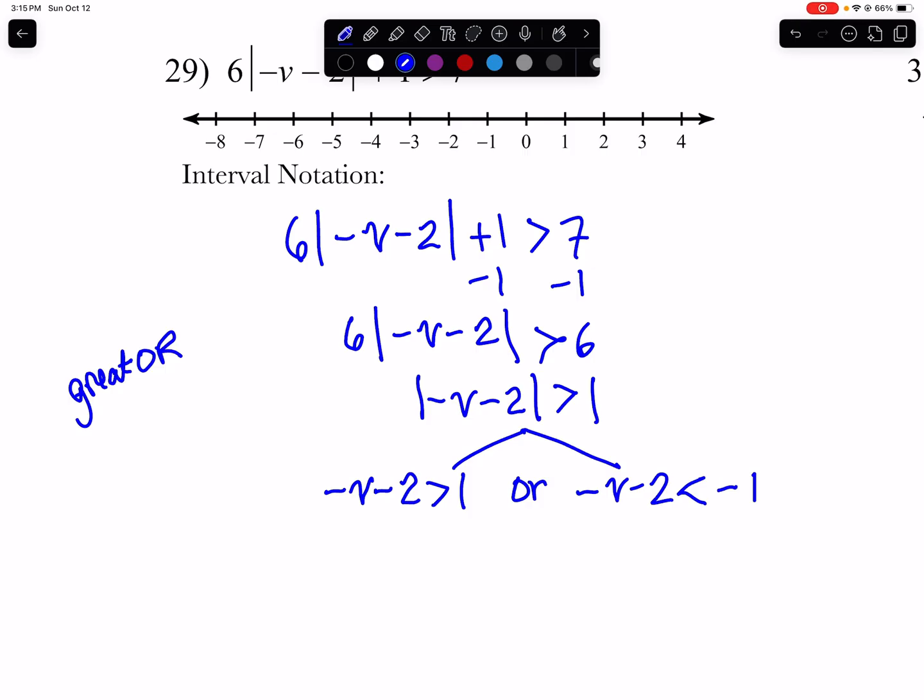All right, and the reason why this one's a little tough is that you still have more work. So you still have to add 3 or add 2 to each side. And then divide by -1, which will flip the sign.